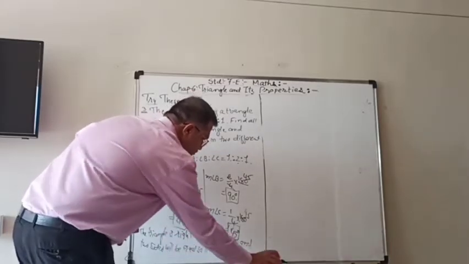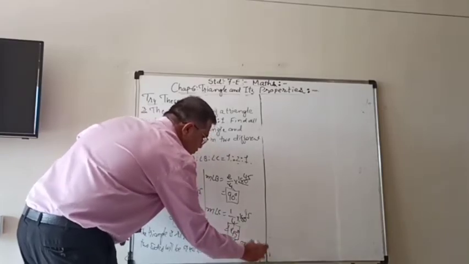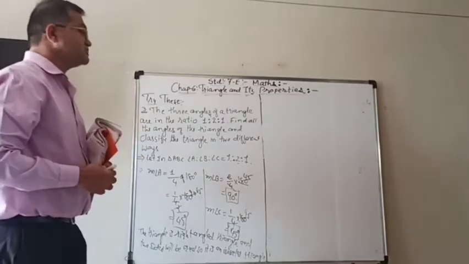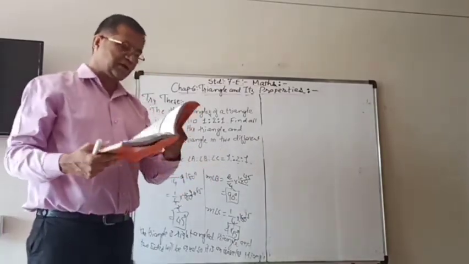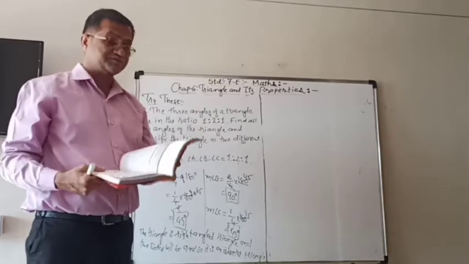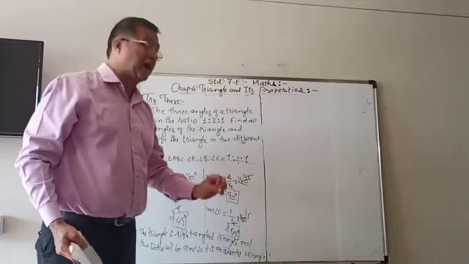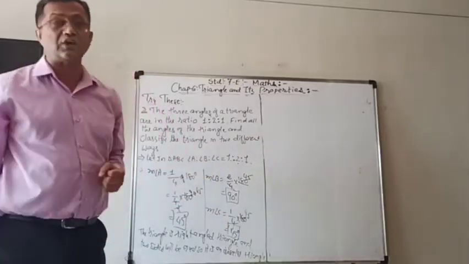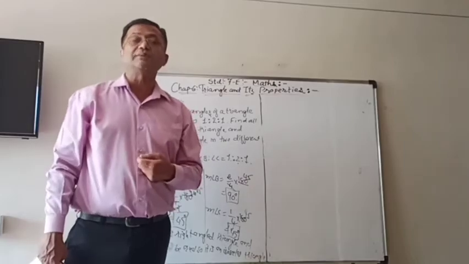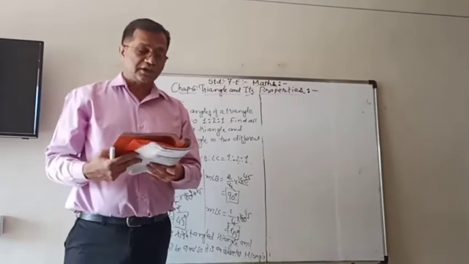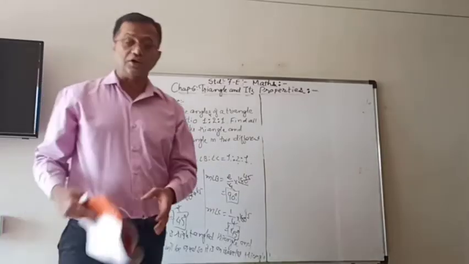So in this way, you can say that it is a right angle triangle also, and it is an isosceles triangle also, because when two angles are equal, then the two sides also will be equal, and so it will be the isosceles triangle also.